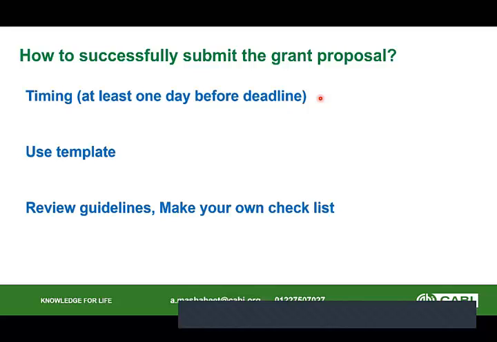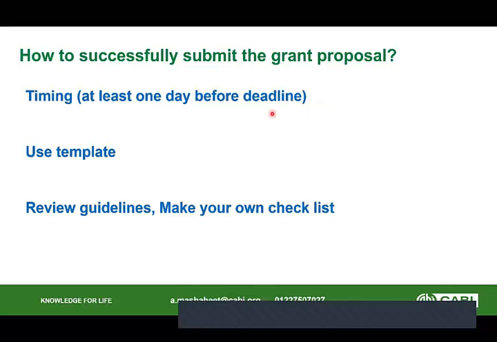I know proposals that were submitted literally in the very last minute, and they were funded, but it's not wise. It's very risky, especially when the project is prepared by so many people, and you are the person who is in charge of submitting it. It's not nice to take that risk.